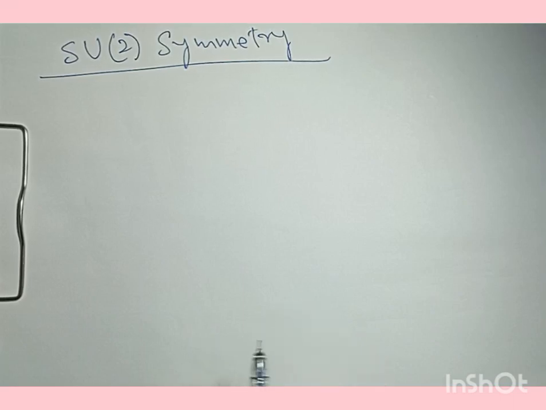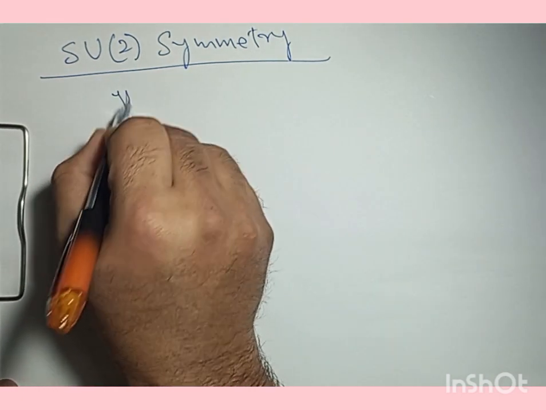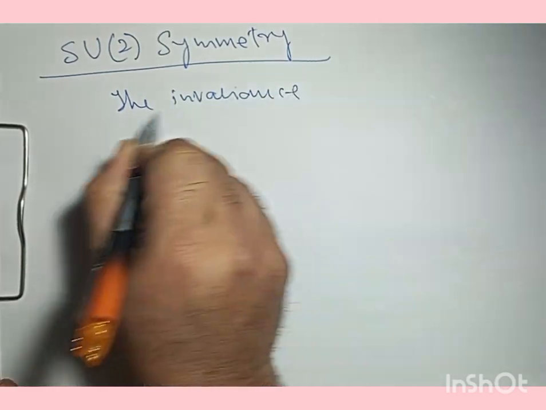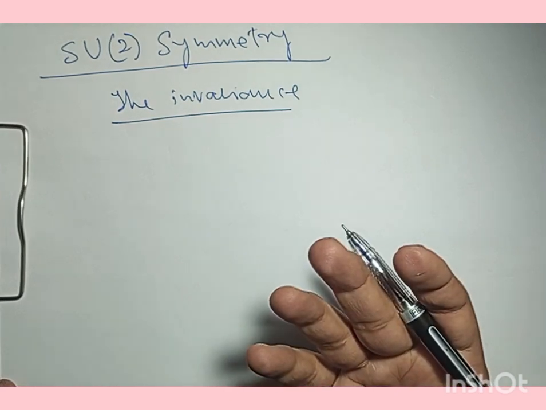Talking about symmetries, we have been involved in such exercises right now. What symmetry basically means is invariance, the invariance of a system under some transformation.